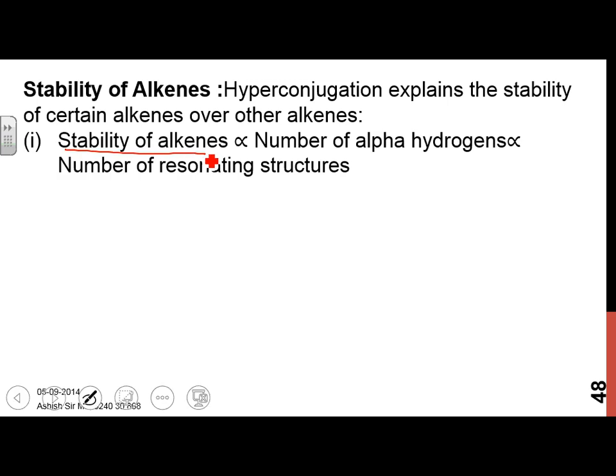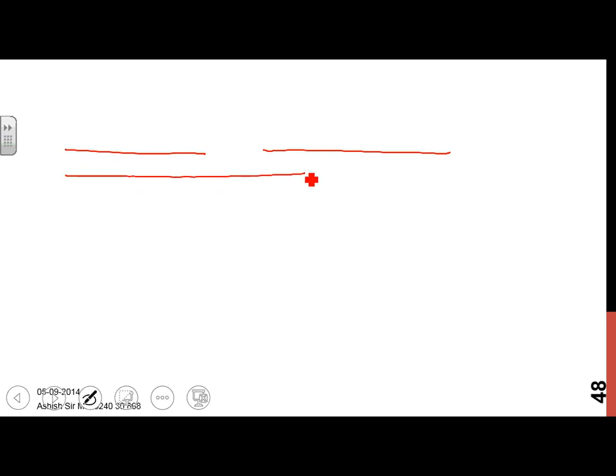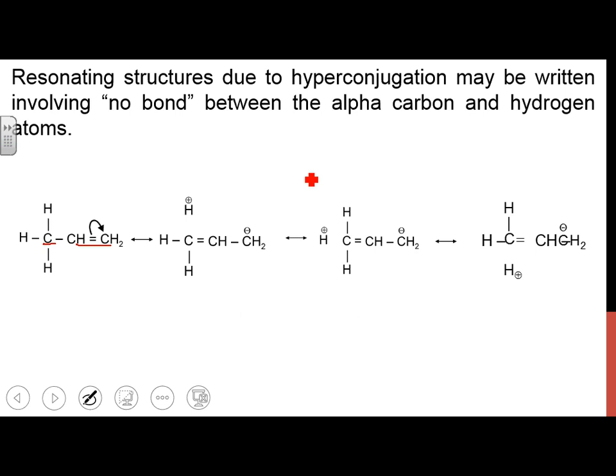Stability of alkenes depends on the number of alpha hydrogens, because the number of alpha hydrogens gives you the number of resonating structures. If I explain this, last time we had 3 alpha hydrogens, so there were 3 resonating structures, because each hydrogen gives the electron pair at different places. So the electron pair keeps on moving.